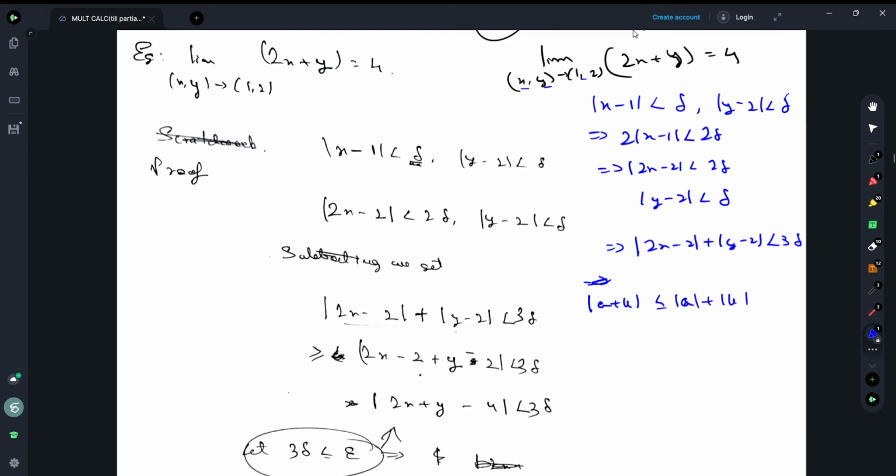Now we just convert this to this form, because when we do the back calculation, we will get our desired value. So if you take a plus b here, where a is 2x minus 2 and b is y minus 2, you get mod of 2x plus y minus 4 is less than 3 delta.